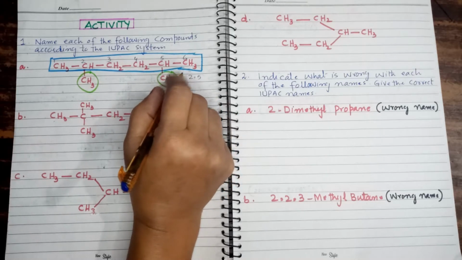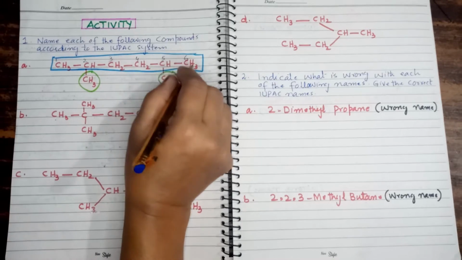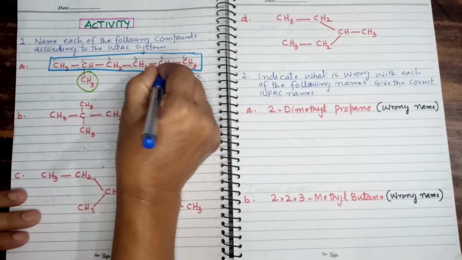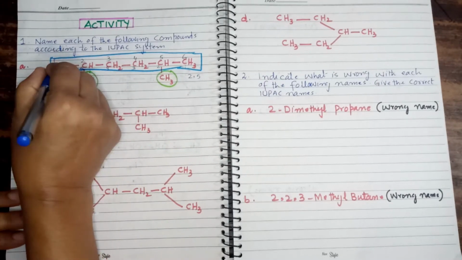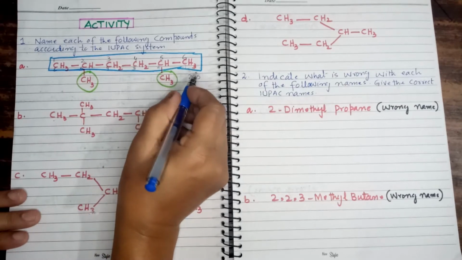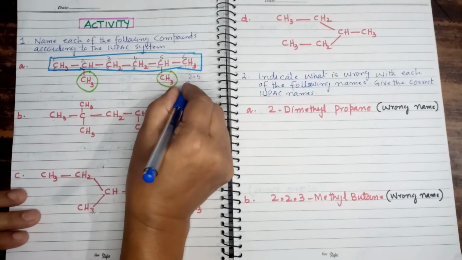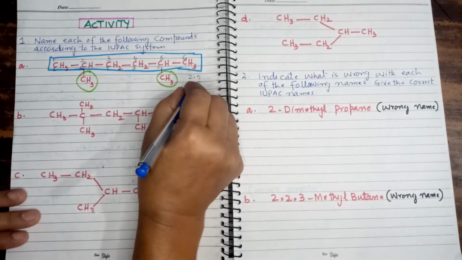Similarly, if we do the numbering from right hand side like this, 1, 2, 3, 4, 5, 6, methyl radical would come at carbon number 2, and the second methyl radical would come at carbon number 5.